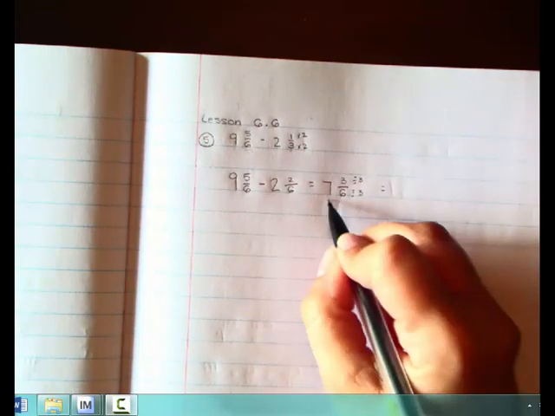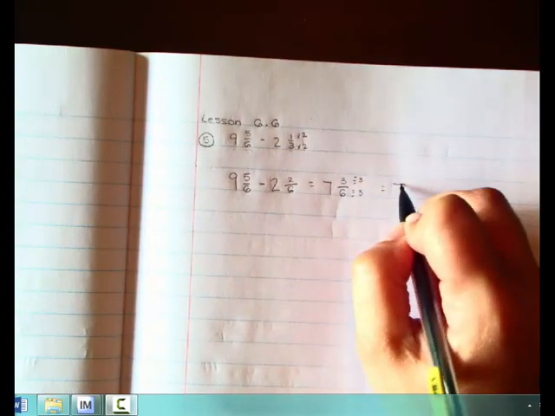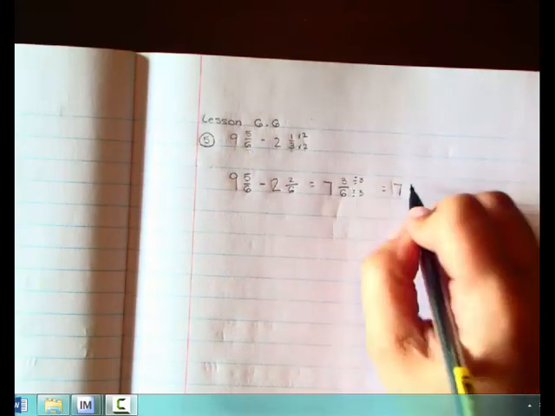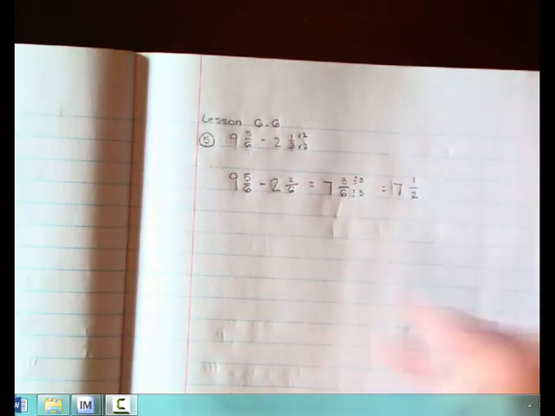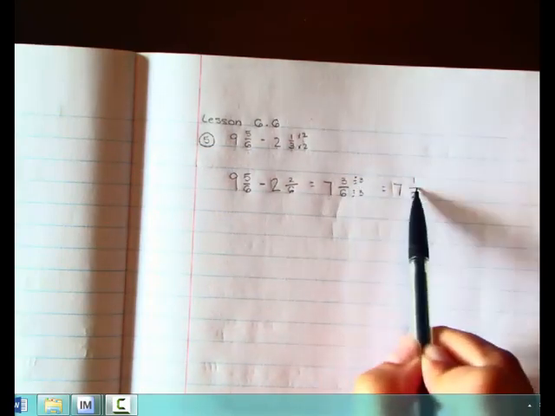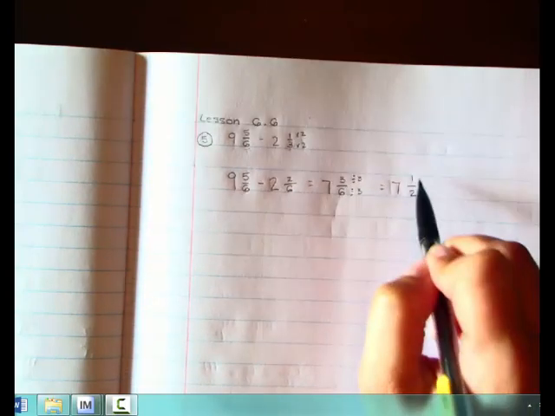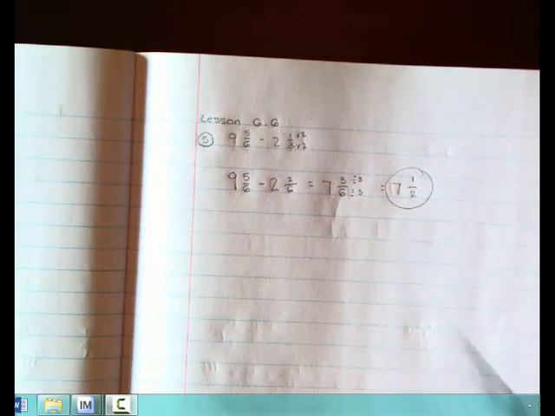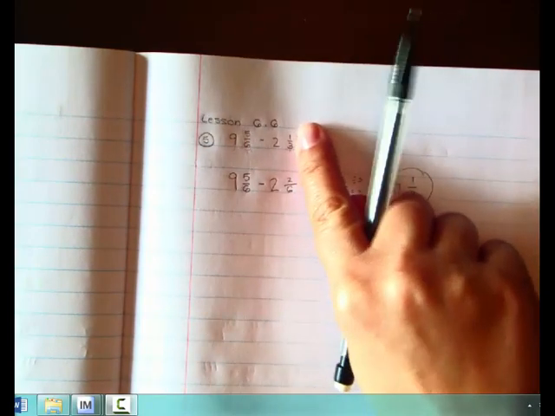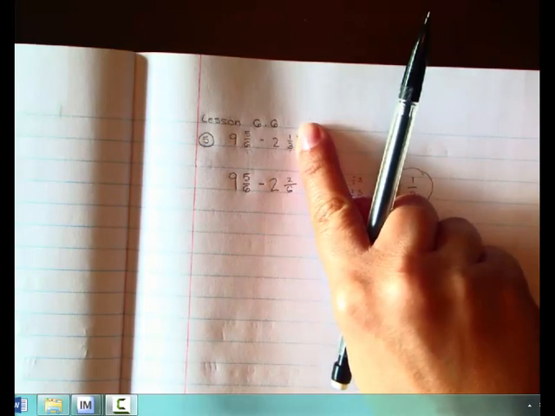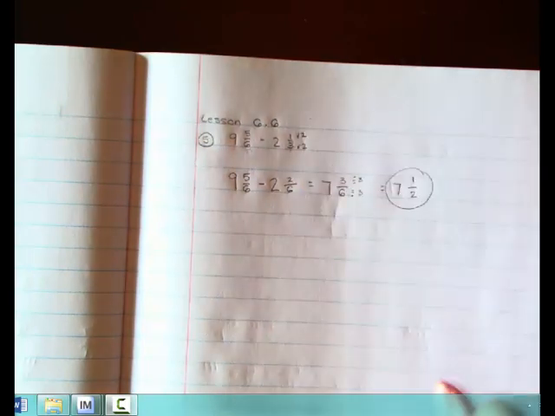So 7 and 3/6 now becomes 7 and 1/2, because 3 divided by 3 is 1, and 6 divided by 3 is 2. So this is my final answer for 9 5/6 minus 2 1/3.